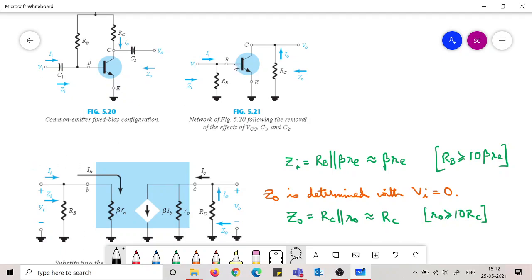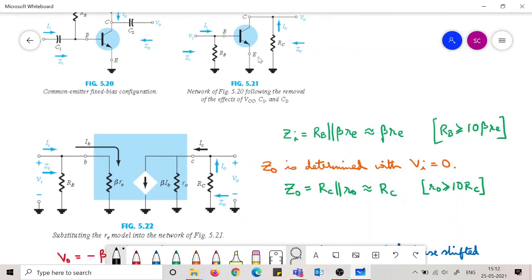After that you have to draw the input side. The input side is simply a resistance which is beta times re. So it will face a resistance here which is the re resistance, but since we are reflecting this to the input side, it gets multiplied by beta. So it is beta times re.